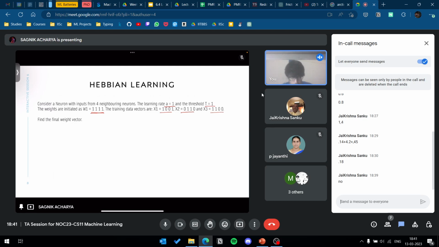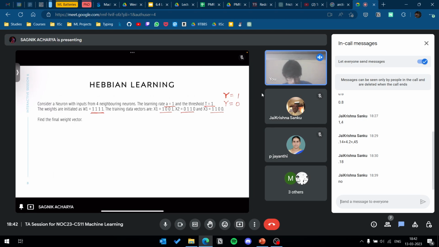So let's jump in. It has not been mentioned here, but in Hebbian learning we have this threshold. If you cross this threshold, then the value of your output y is equal to 1. Otherwise, your output y is equal to 0, right? We only have these two states here, and the learning rate is 1, it's given.